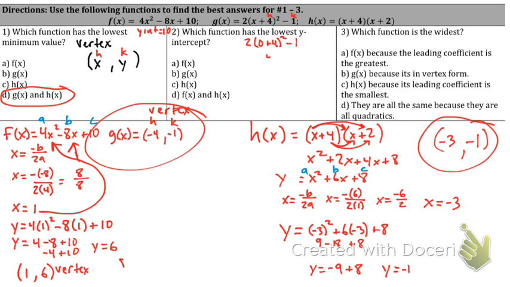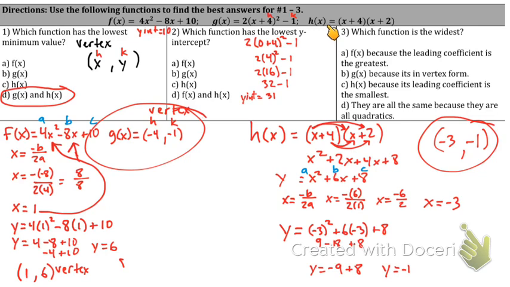So this turns into 4 squared. 4 squared is 16. 2 times 16 is 32 minus 1. So this has a y-intercept equal to 31. Okay, as you can see, finding the y-intercept in standard form is a lot faster than vertex form.